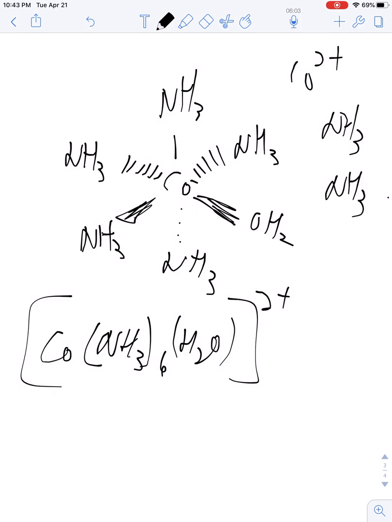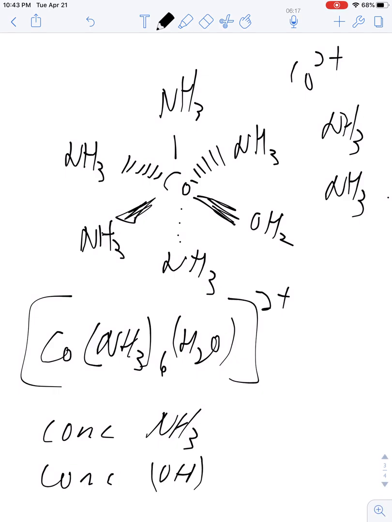Okay, if you were adding something that had a charge, it would affect the charge on your complex ion. Okay, so this sort of stuff happens when you add concentrated ammonia, and this sort of stuff happens when you add concentrated base. It doesn't matter which base. It could be lithium hydroxide, could be sodium hydroxide, could be potassium hydroxide.